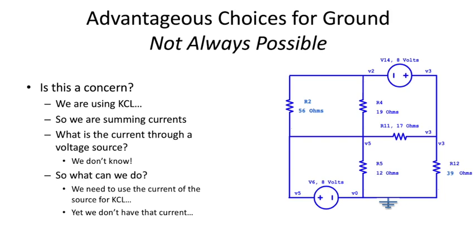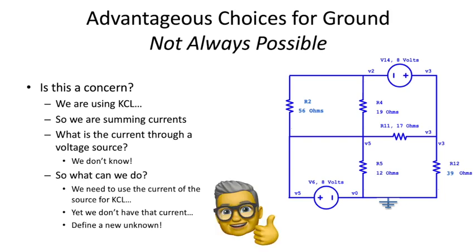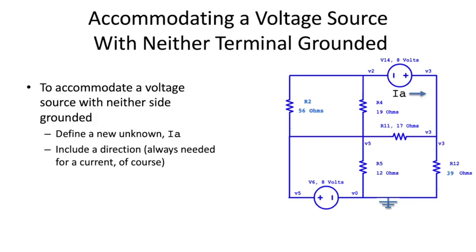No. We need to use the current of the source for KCL. We don't have that current, therefore we should define a new unknown. Okay, that sounds good. So to accommodate a voltage source with neither side grounded, we're going to define a new unknown.